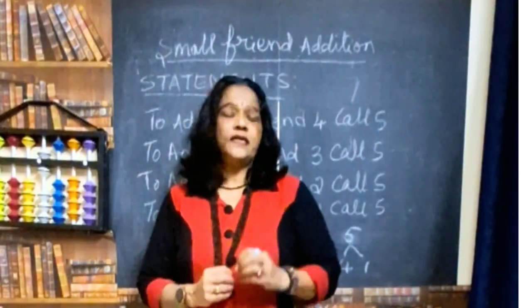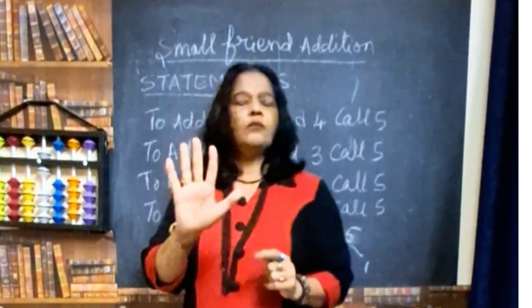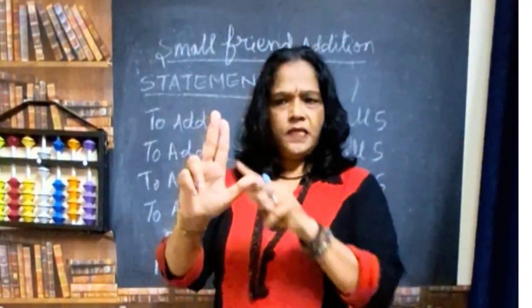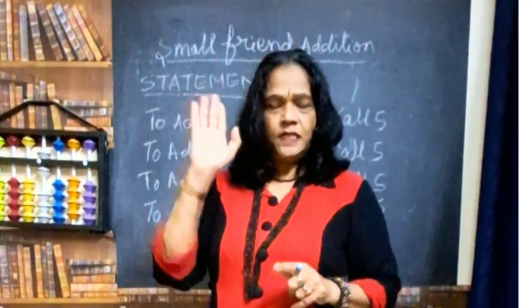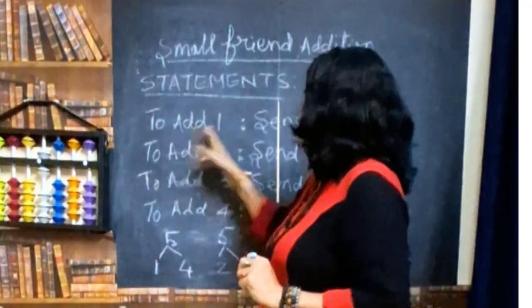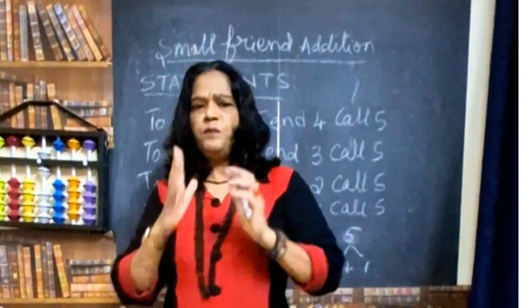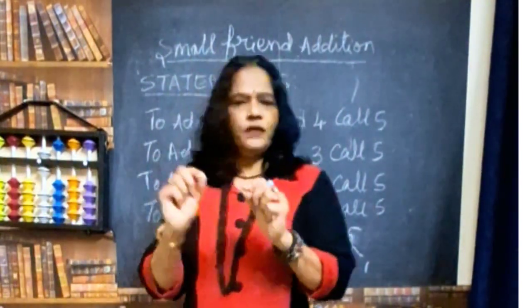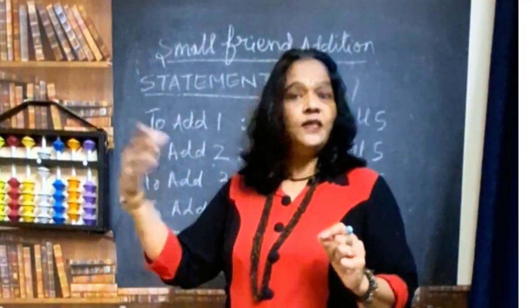See how to make the kids learn this easily. First thing is we should teach which are the friends. 1's friend is 4, 2's friend is 3, 3's friend is 2, 4's friend is 1. Once you know which are the friends, it will be very easy to learn the statements. They also have to keep this in mind. Once it is on the tip of the tongue, this will become very easy to do. To add 1, send 4, call 5. To add 2, send 3, call 5. To add 3, send 2, call 5.